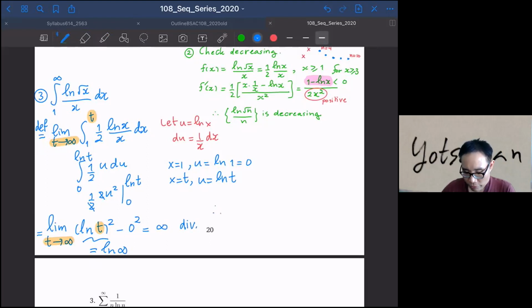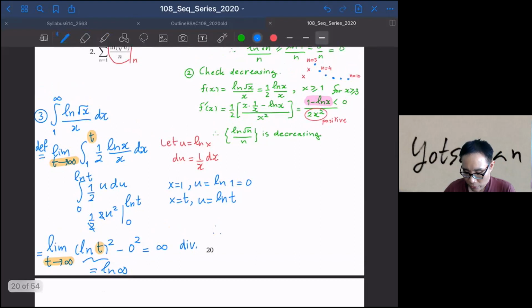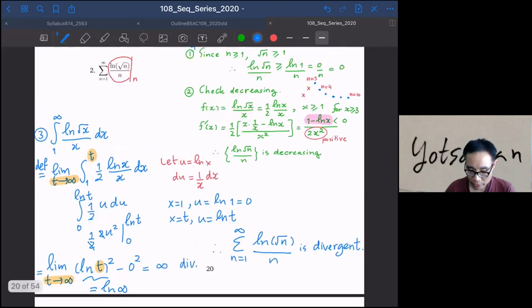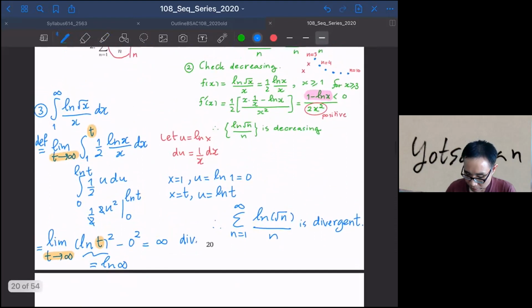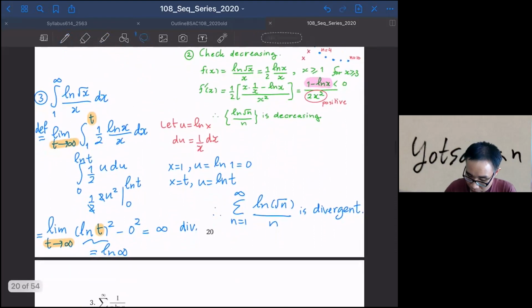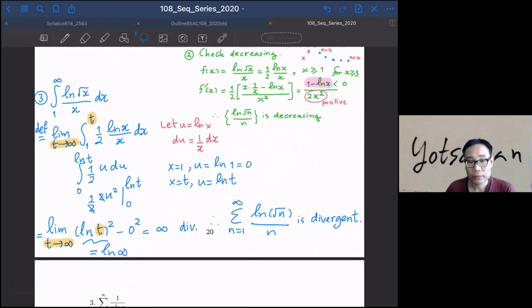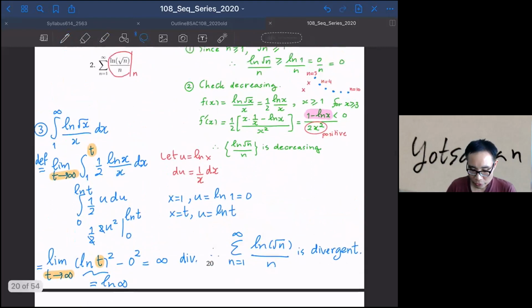So the conclusion from 1, 2, and 3 is that the series from n equal to 1 to infinity of log root n over n is divergent.